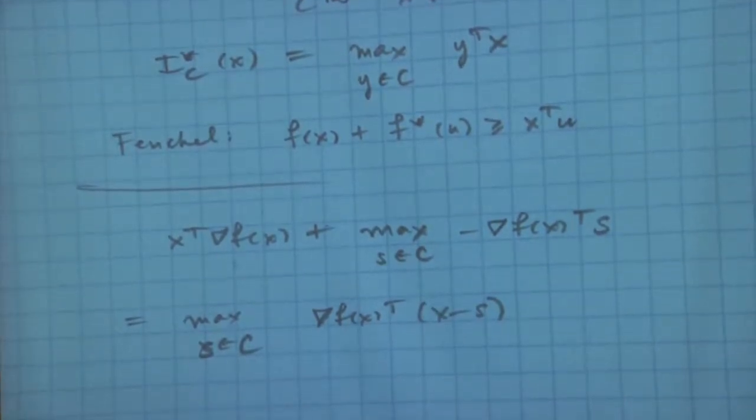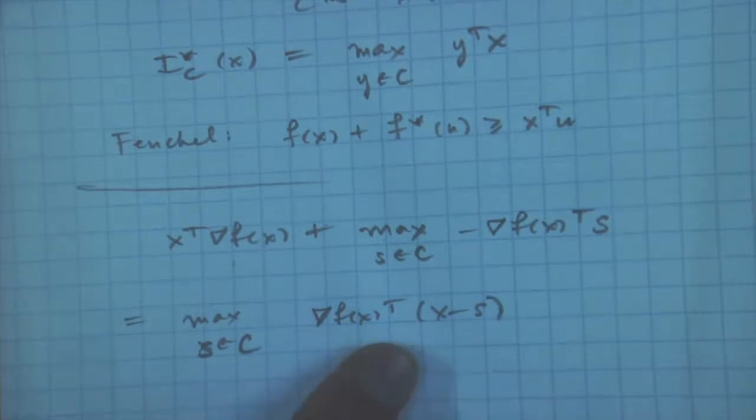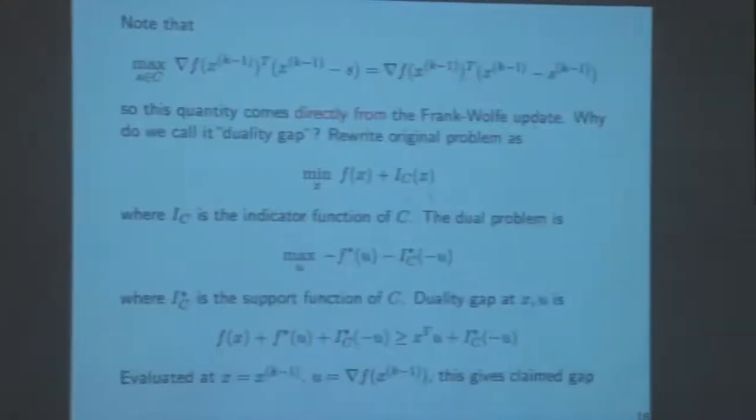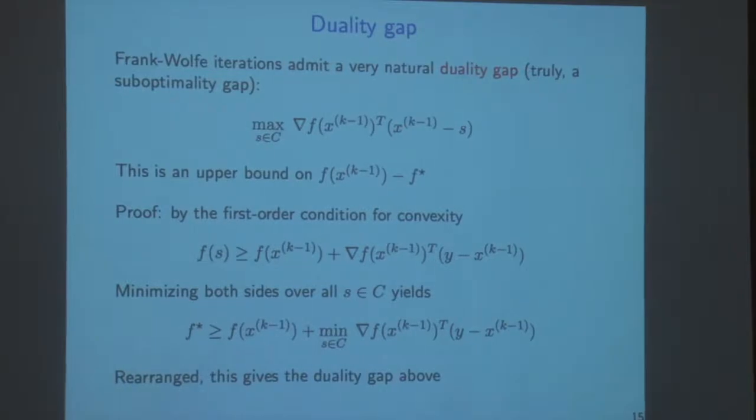Okay, so this gap we can actually think of as a duality gap. That's why we say duality gap. So two different ways of seeing that it's going to give us a bound on the suboptimality of our function at the current iterate. So now we know how to stop Frank-Wolfe, right? That's one way to stop it.